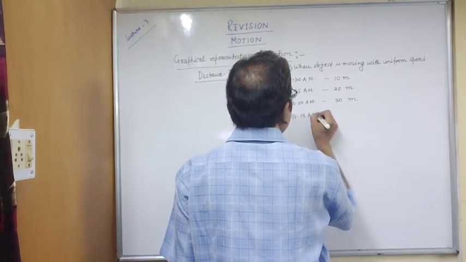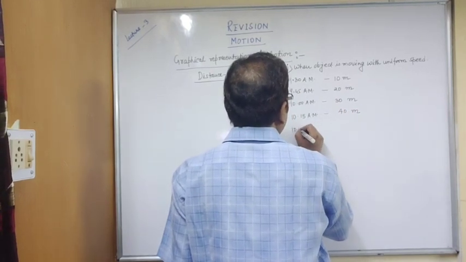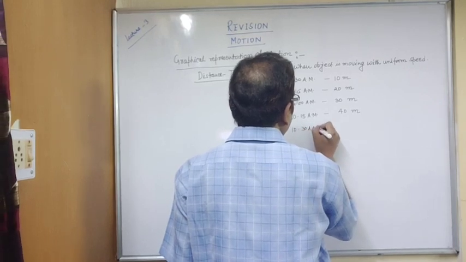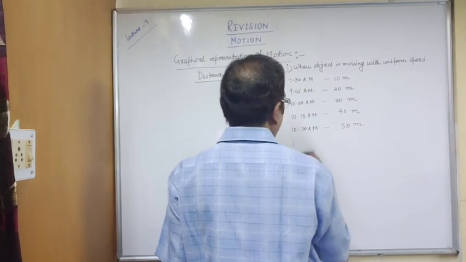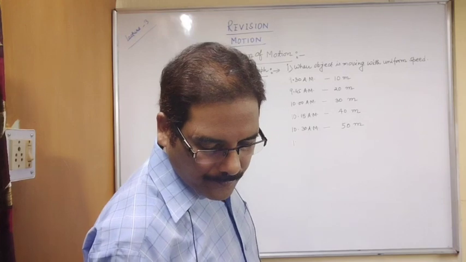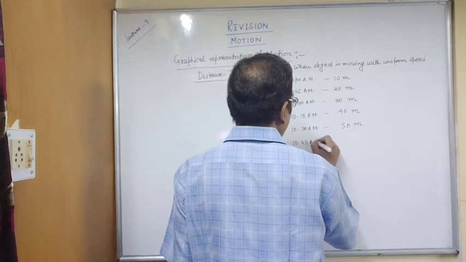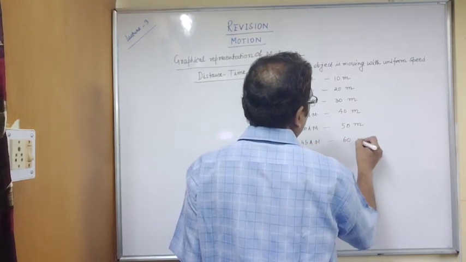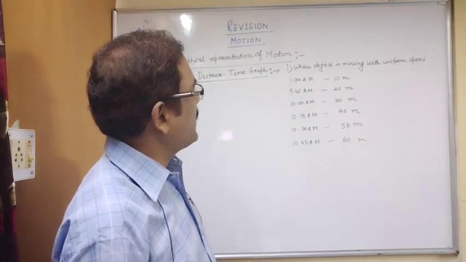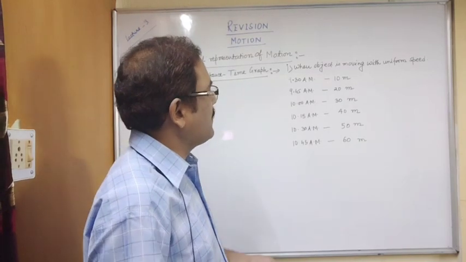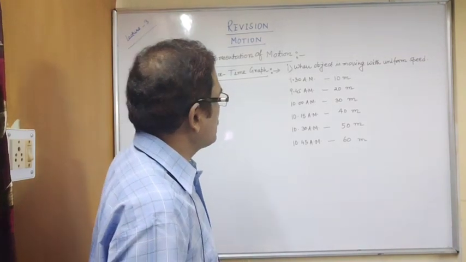At 10:15 am, 40 meter. At 10:30 am, 50 meter. And at 10:45 am, 60. Suppose these are the distances covered by an object, and these are the time intervals.